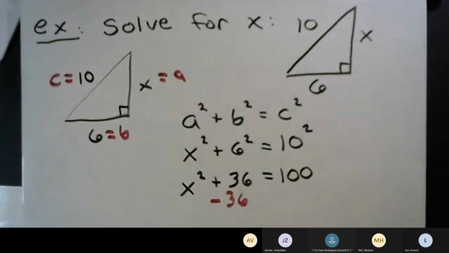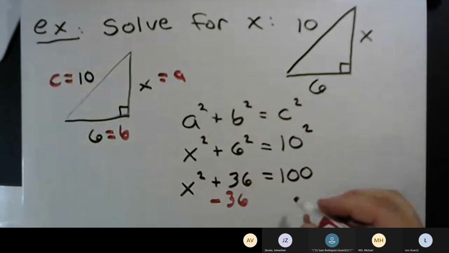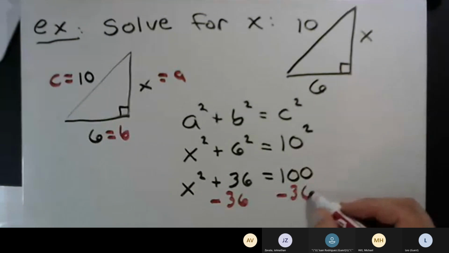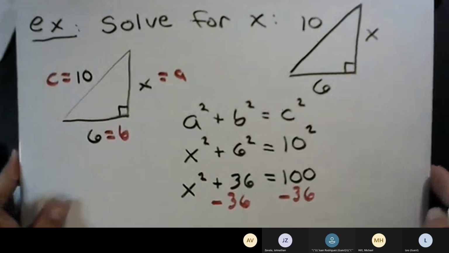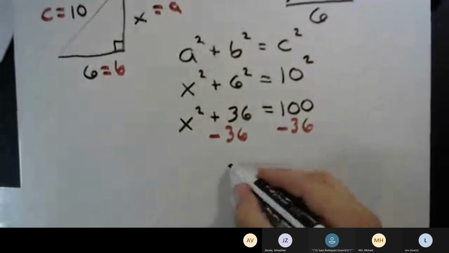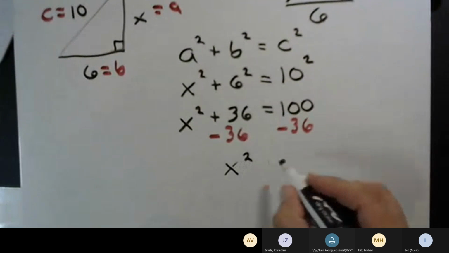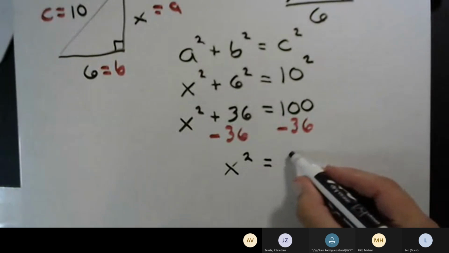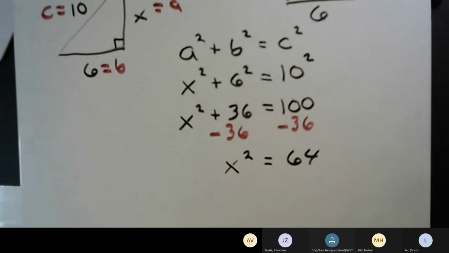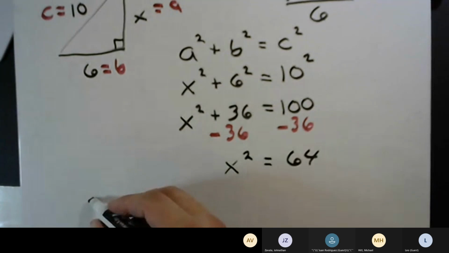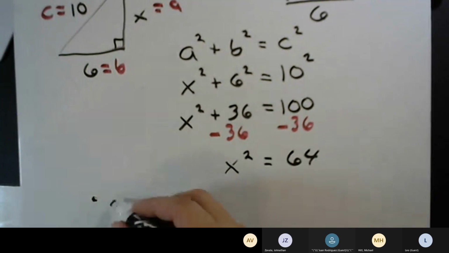Or here, let me write it below. And so what that's going to give us is x squared is equal to 64. So here's a really important thing. When we're doing algebra, we're canceling.